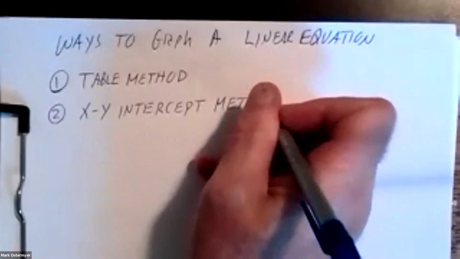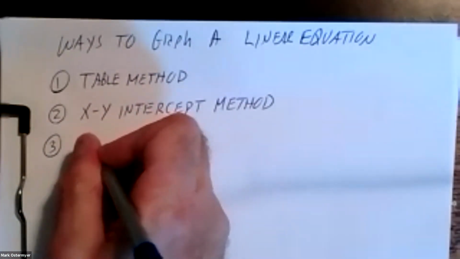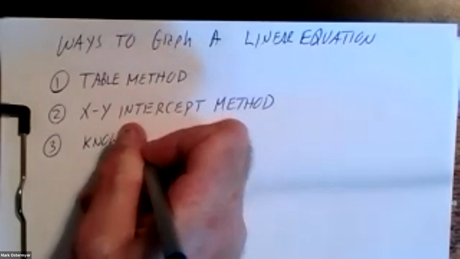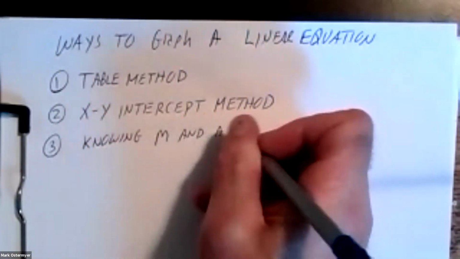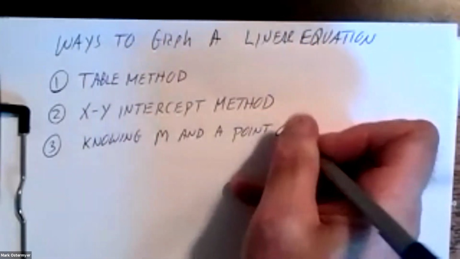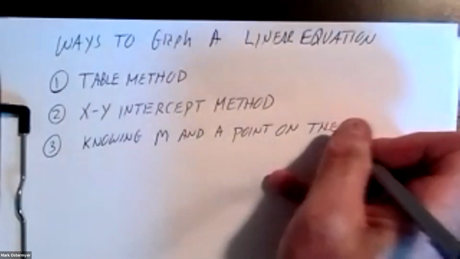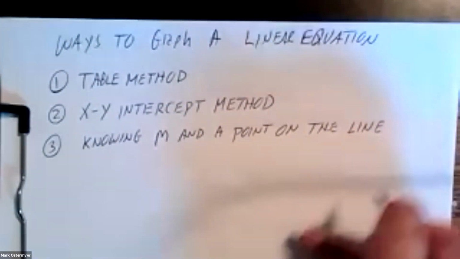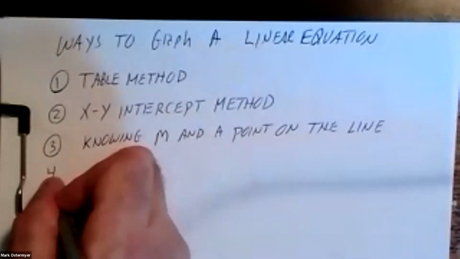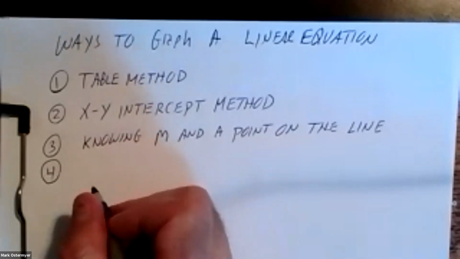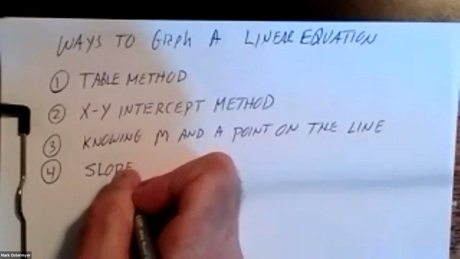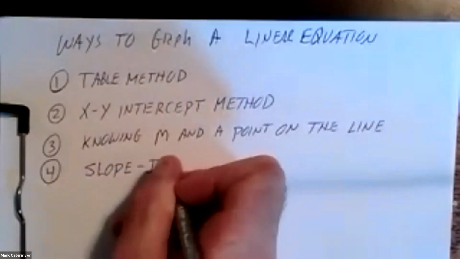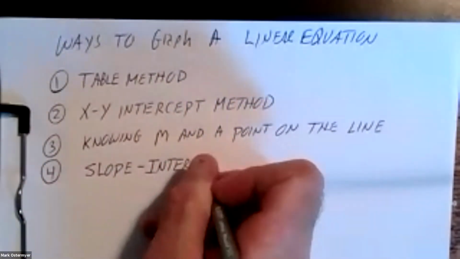And today we've seen another method: if we know the slope of a line and a point on the line, that's enough to graph the line. Ladies and gentlemen, there's another way to graph a linear equation we're going to learn in this next section. It's called the slope intercept form method.